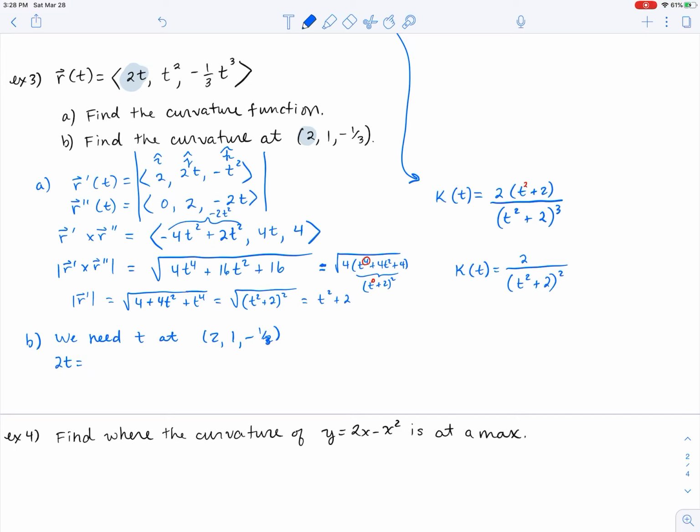So we've got 2t equals 2, we've got t squared equals 1, and then we have negative 1/3 t cubed equals negative 1/3. And we can see by inspection t could be plus or minus 1 if we look at that one. But if we look at all three, we can see that t needs to be a positive 1 in order for all three to be true.